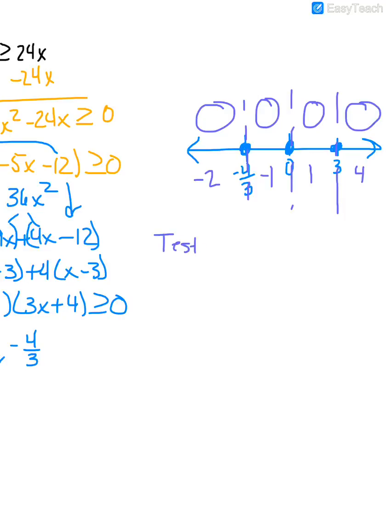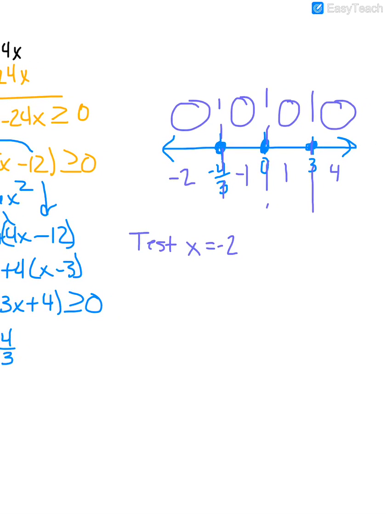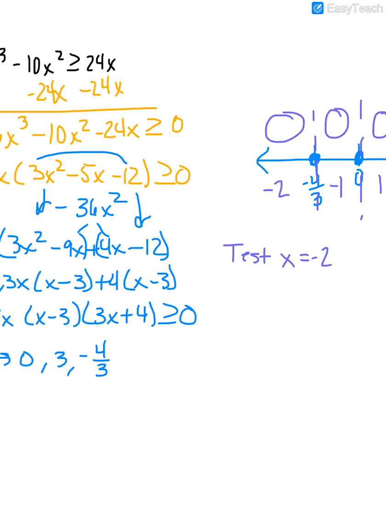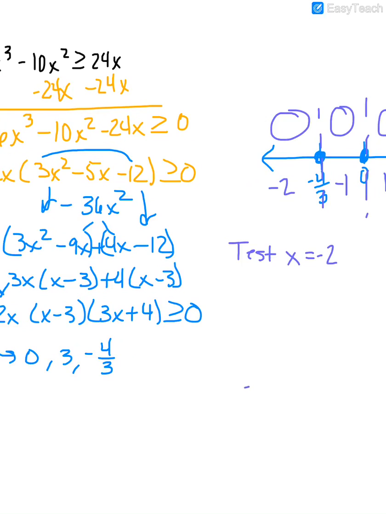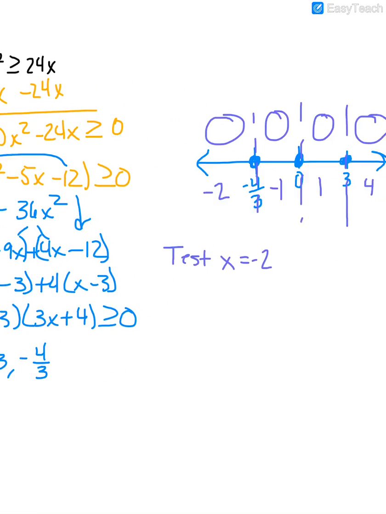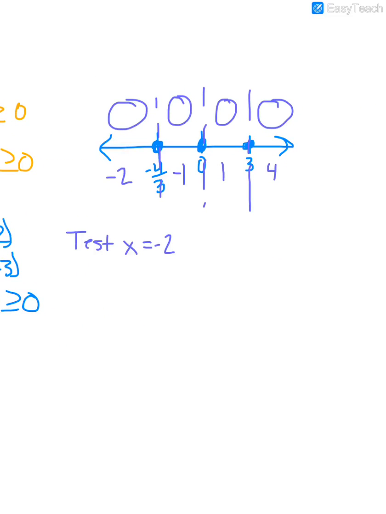So plug in -2. Also, another nice little tidbit here: remember that synthetic substitution is a possibility to help you find these values. So if I was to start with what the polynomial had to begin with, using -2, so 6, -10, -24.